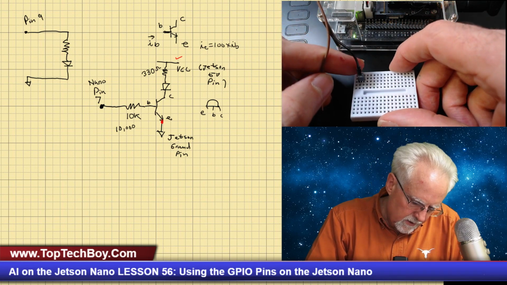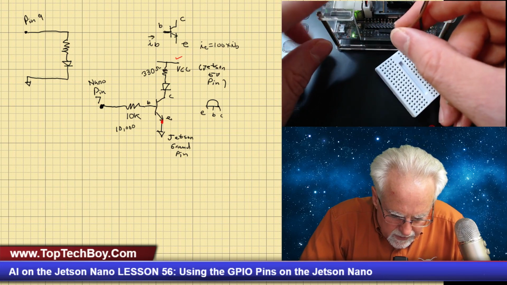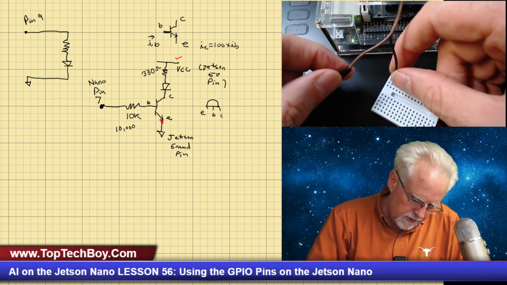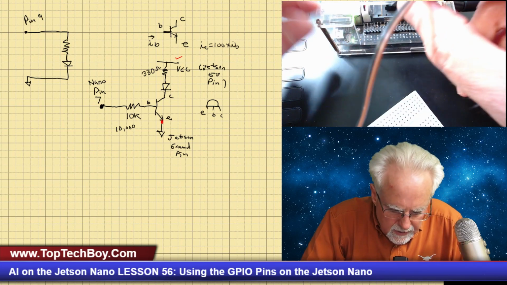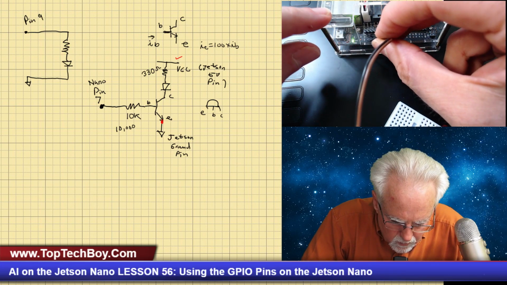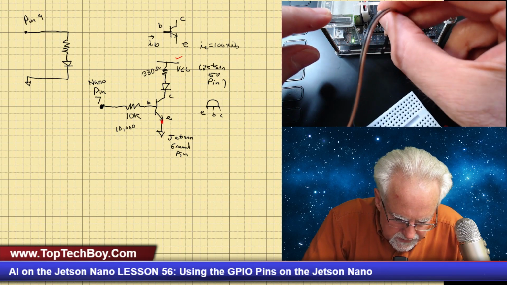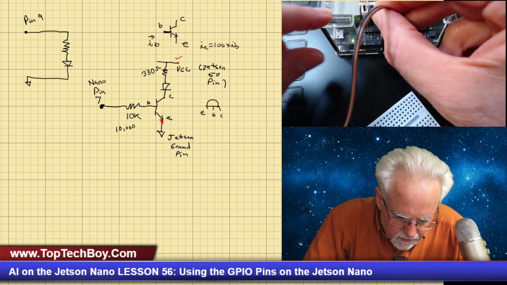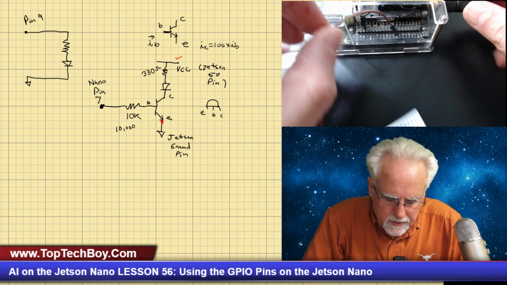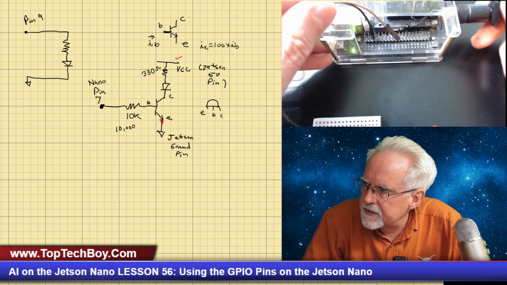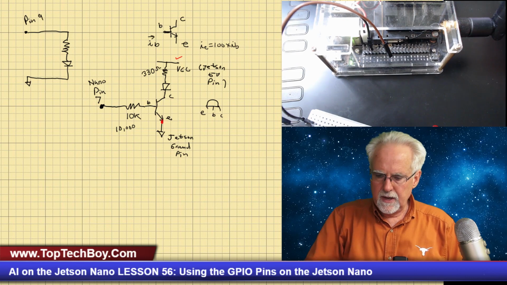Then I'm going to bring this over to a ground, and it looks like pin 1, 2, 3, 4, 5, 6. It looks like pin 6 is a ground. So I'm going to put that into pin 6. Do you see how that's labeled ground there?